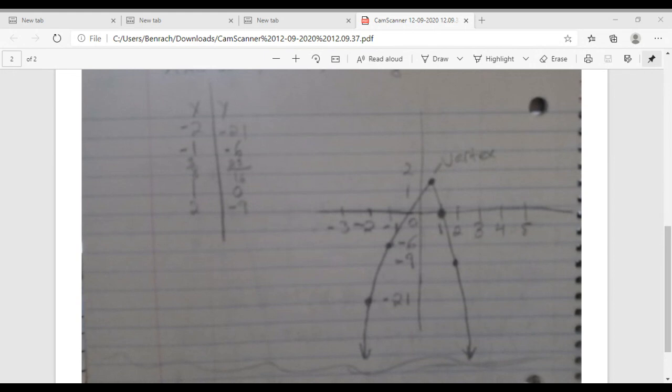We only need those points. You marked the other 3 points, we don't really need them. We need the vertex, roots, which are x-intercepts, then the y-intercept. Okay, good work. Thank you, Jeremy. Yeah, no problem.